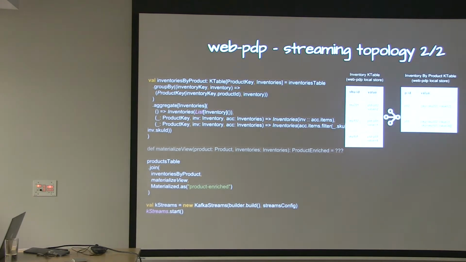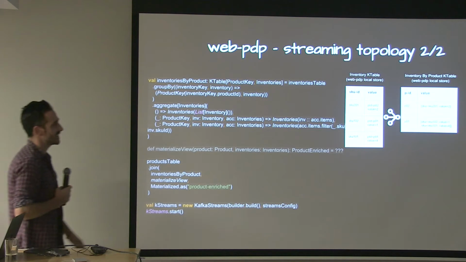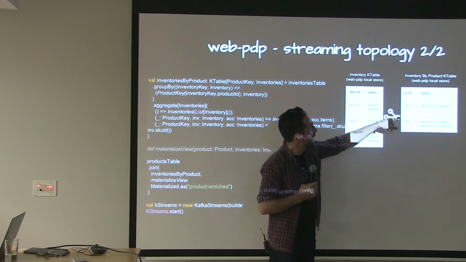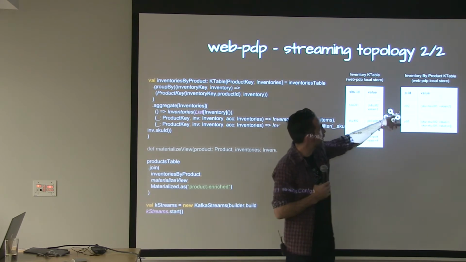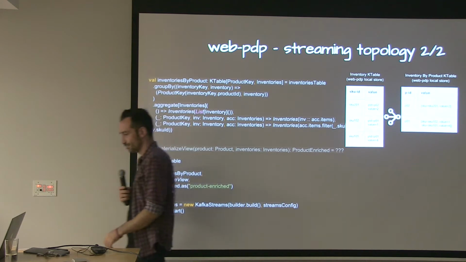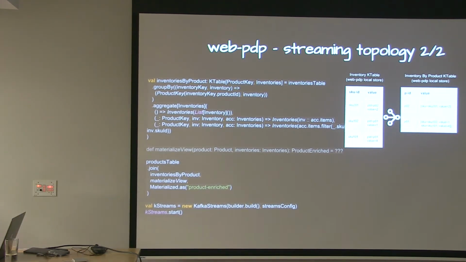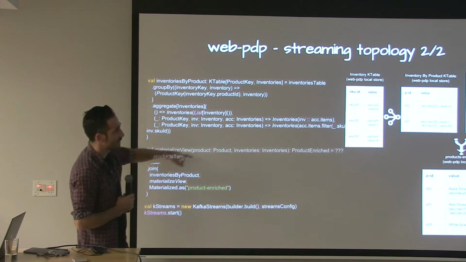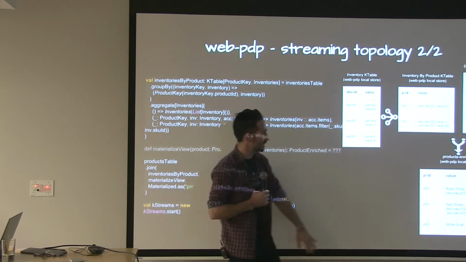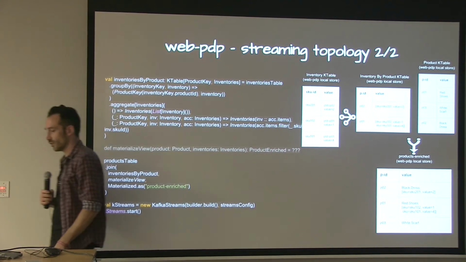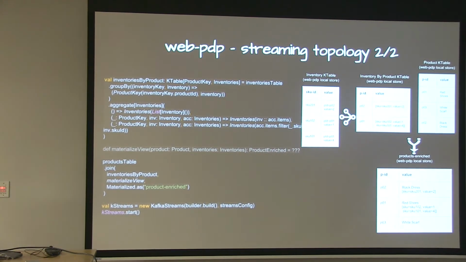What we are doing is going from this KTable where the IDs are the SKUs to this KTable where the IDs are products and the values are lists of SKUs. Now we are in a position to join the products and the inventory and to create our materialized view. That is exactly what we want, and it is local inside our application.